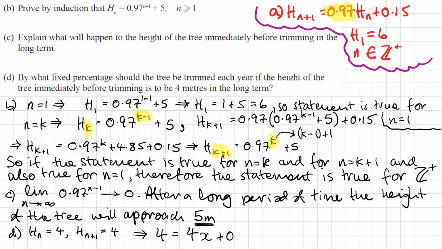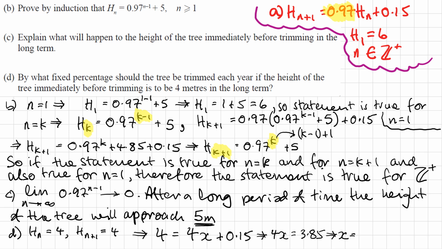So I want to solve this: we'll take away 0.15 from both sides, and that will leave us with 4x is equal to 3.85, then dividing both sides by 4 to get the multiplier.